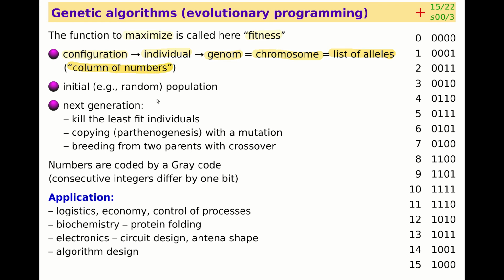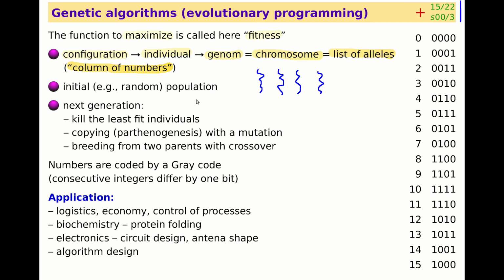We start with a certain population. That is, unlike for simulated annealing, where we have at the moment one organism, one configuration, we have here a set of, let us say, chromosomes or individuals, like here.